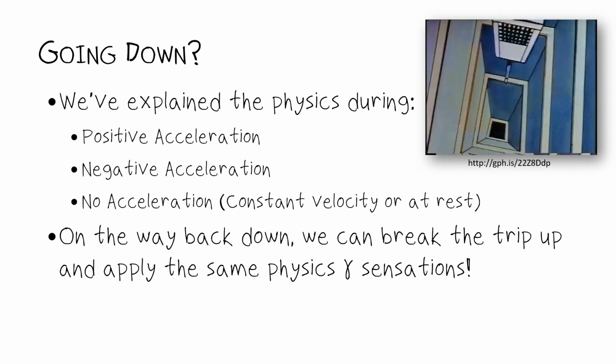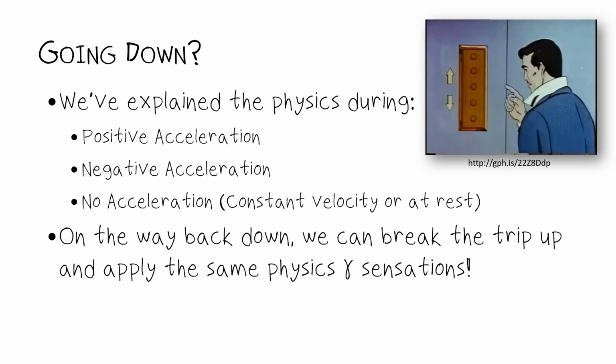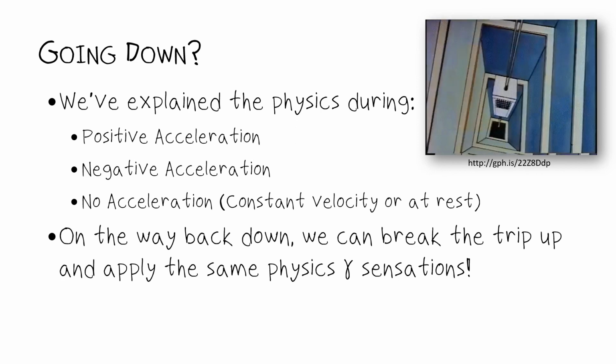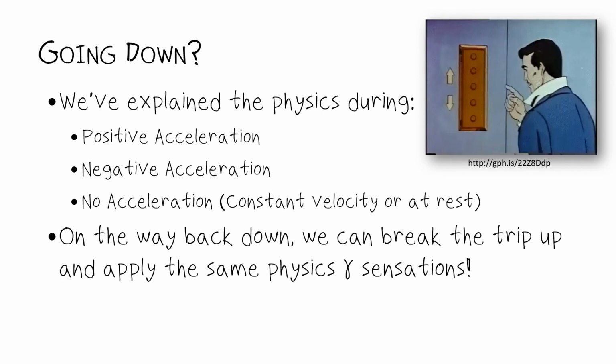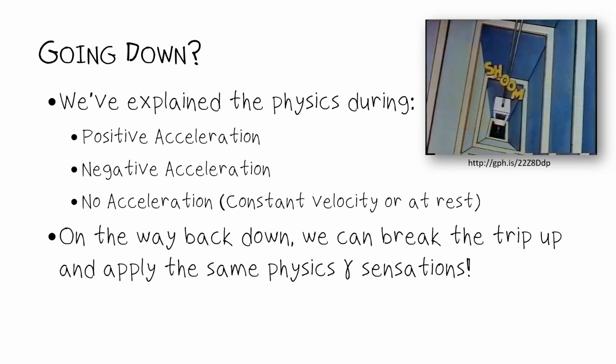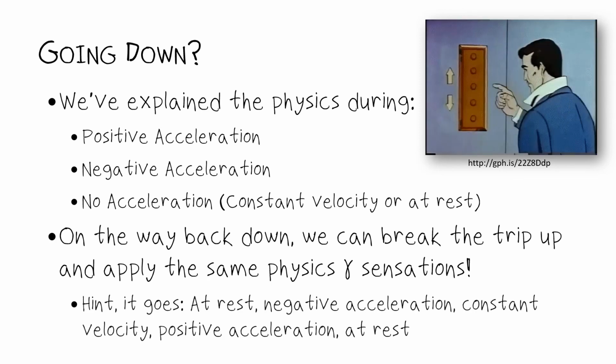So you put all that back together, and the physics of an elevator going up is the same as the physics of an elevator going back down. You just make sure you identify what acceleration is occurring, and you can match those sensations up on the way back down just like you did on the way up.